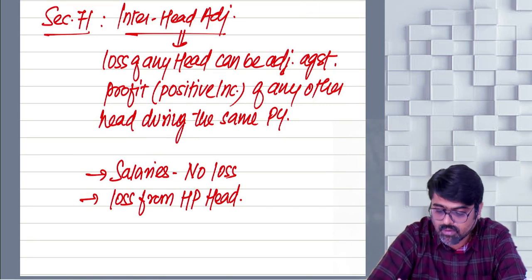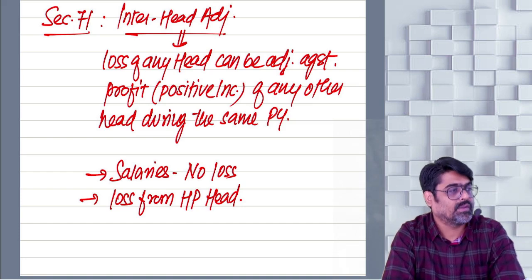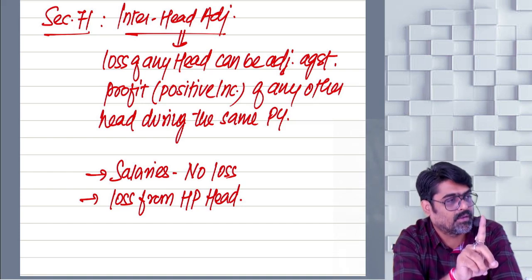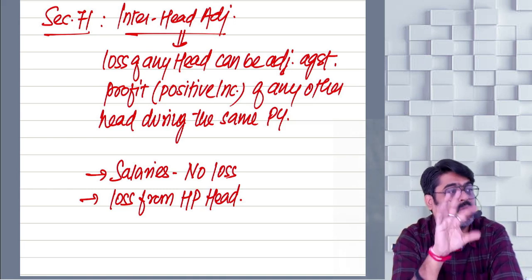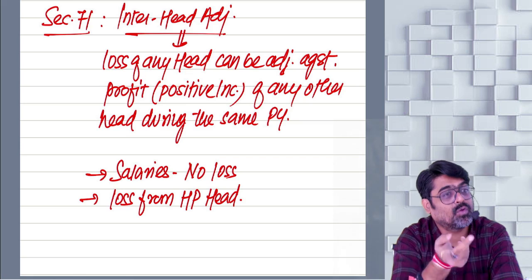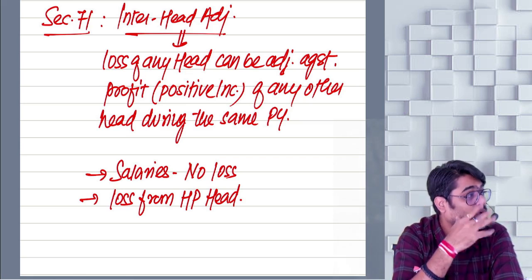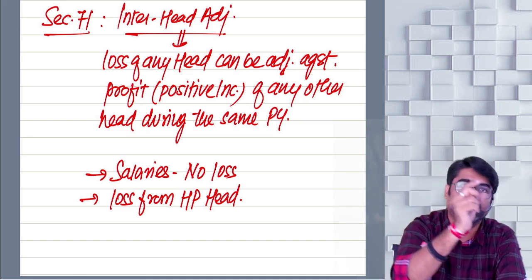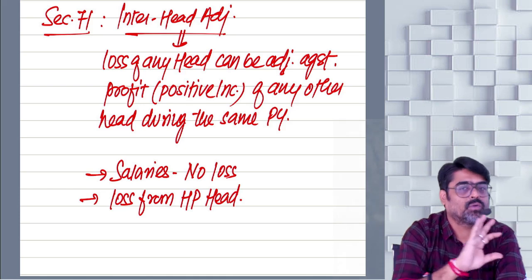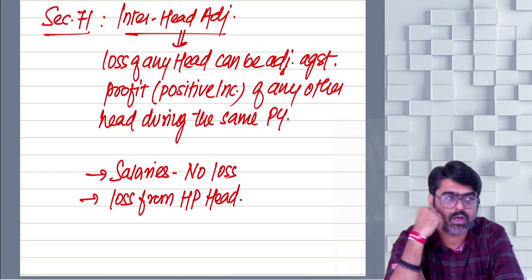How can you have house property loss? For example, you have only one house property in the house property head, and that is SOP. And you are not following 115BAC, so you claimed interest on housing loan deduction also up to 2 lakhs, resulting in a loss. Now under the head house property, you have only one property giving you a loss. You don't have any other property. It will result into house property head loss.